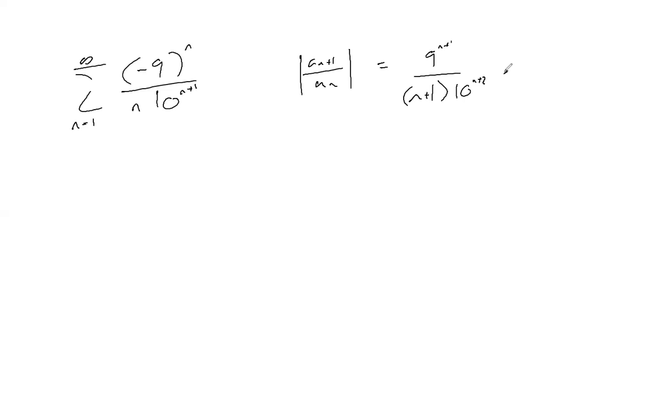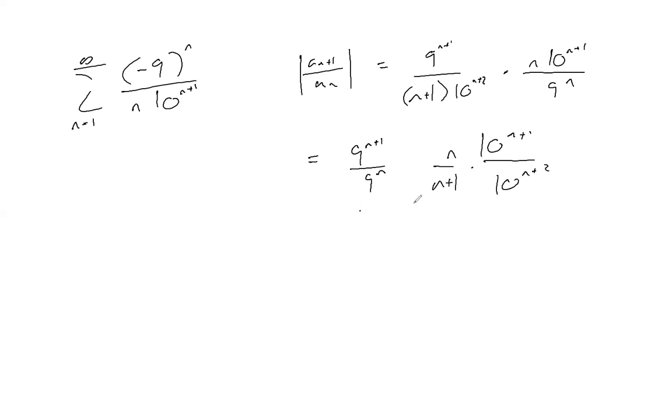Okay. Now I divide by an, which means multiplying by the reciprocal. Now I want to simplify, so I'm going to get the similar stuff together in fractions. So I have 9 to the n plus 1 over 9 to the n. Then I have n over n plus 1 times 10 to the n plus 1 over 10 to the n plus 2.